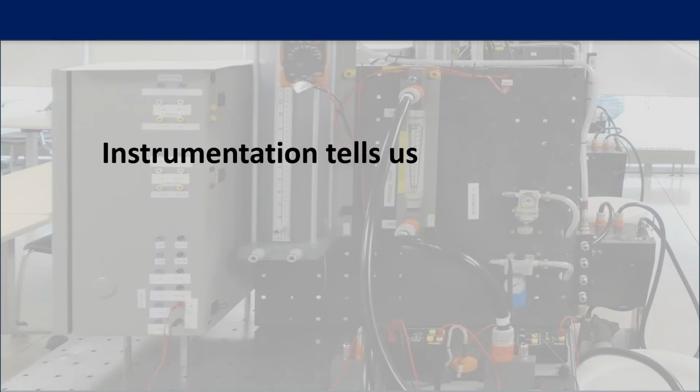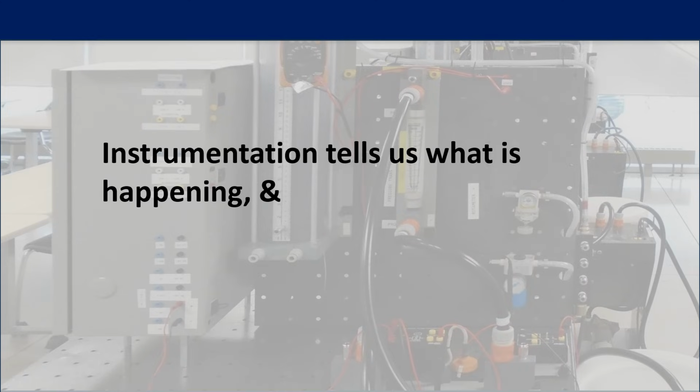Instrumentation tells us what is happening. And process control determines what should happen next.